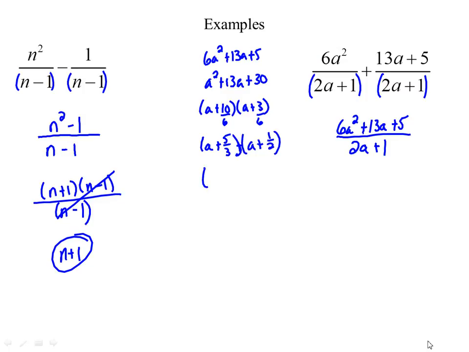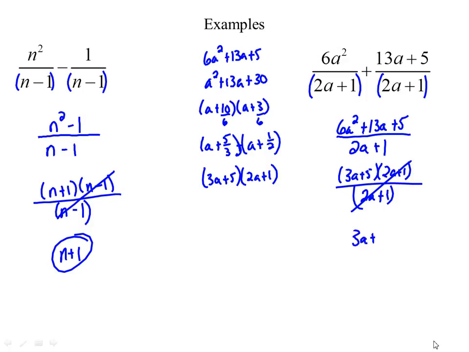And bring up. So the numerator is going to be 3a plus 5 times 2a plus 1. And the denominator is that group of 2a plus 1. So you can see these are going to cancel out and you're going to get 3a plus 5.